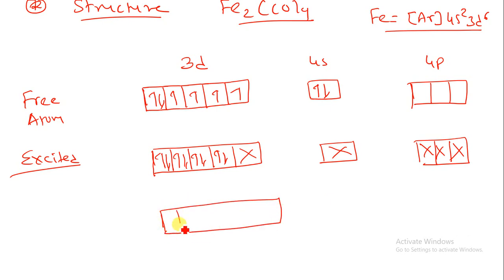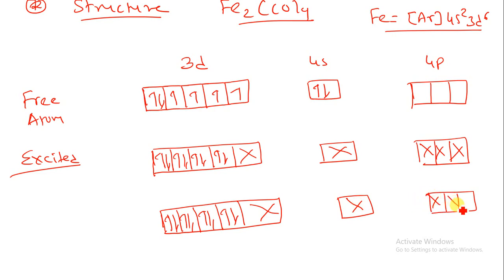Here I have the 4s orbital, here the 4p orbital. So I have to pair down 4 pairs, and I have 5 CO ligands here.